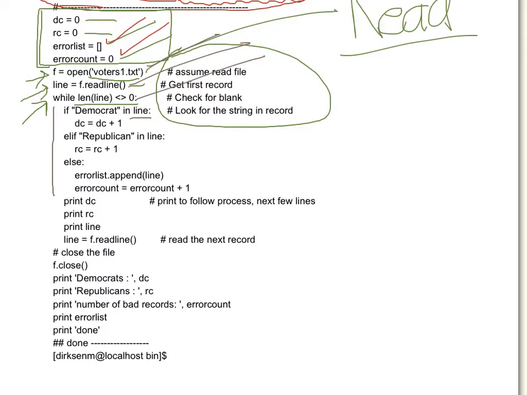If it's true, then it'll count. Else if, and it's going to look for the Republican. If that's true, it's going to count. Else, if it's neither one of those, we're going to build an array. Okay, we're going to build an array that has the errors in it, so we can go back and edit our file. It's really kind of a smart thing to do. And so we're going to count how many errors there are, so we know if we got 1, 2, or 1,000. Okay.